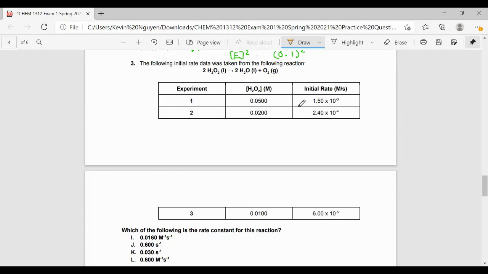H2O2 yields H2O and oxygen. Okay, so it looks like we only have one reactant. So we can go ahead and just write out the tentative rate law. So I'm going to say rate is going to be equal to K times H2O2 to the X.